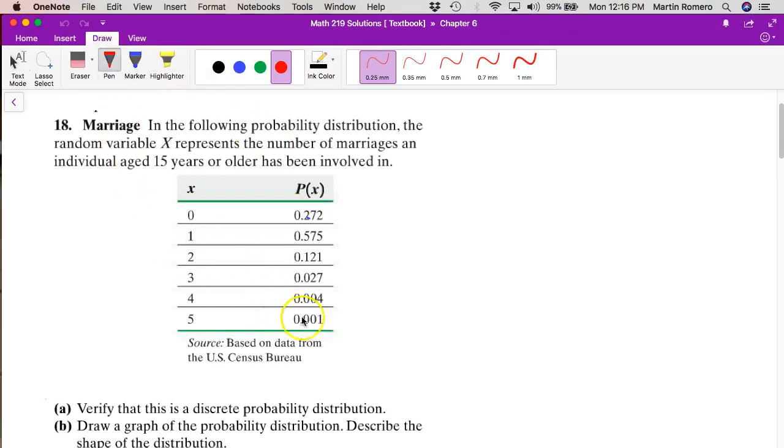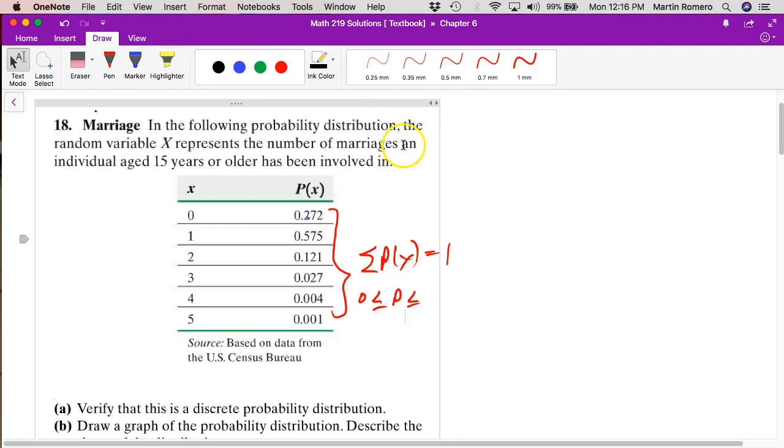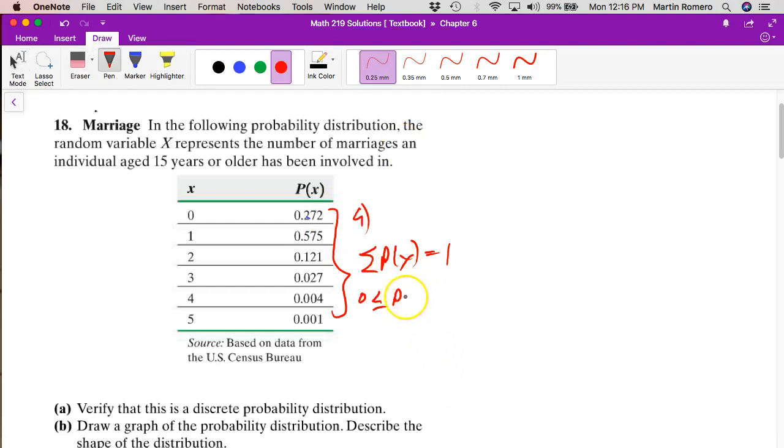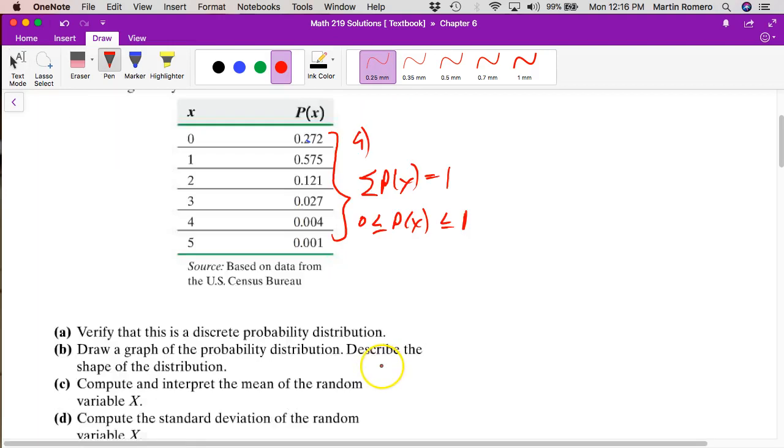If we add all this up, the sum of the p of x equals 1, and every value of p of x is between 0 and 1. So that's a probability distribution.